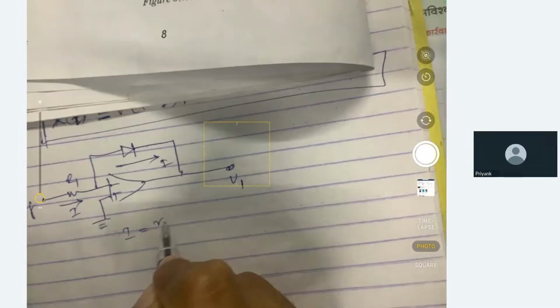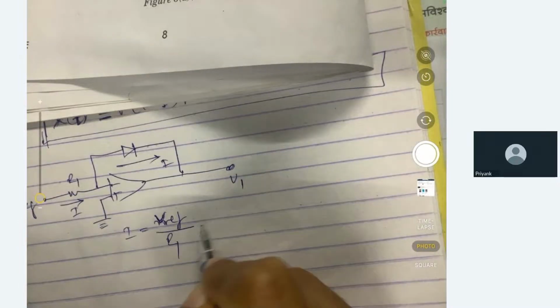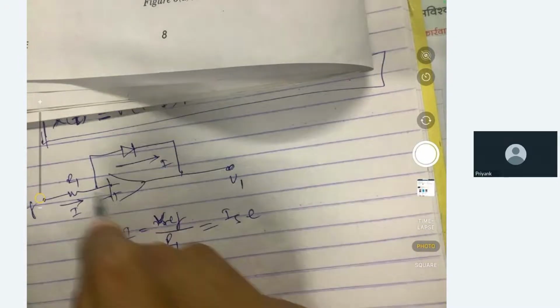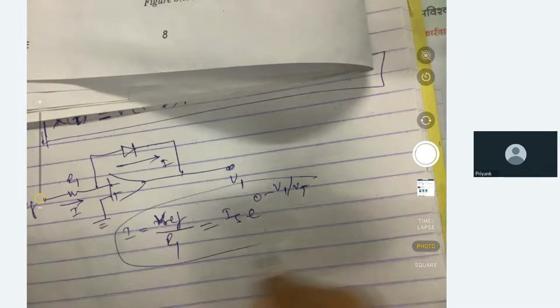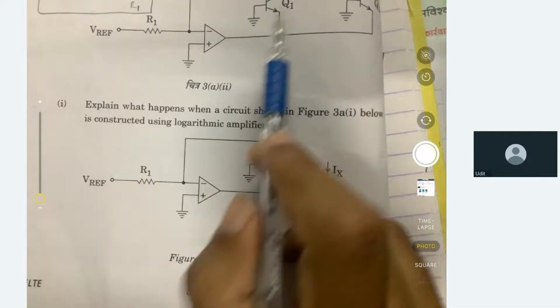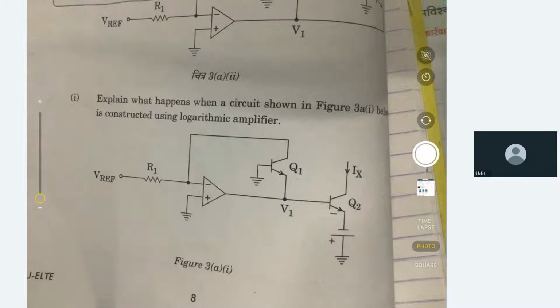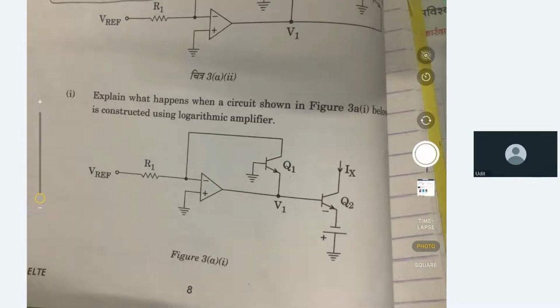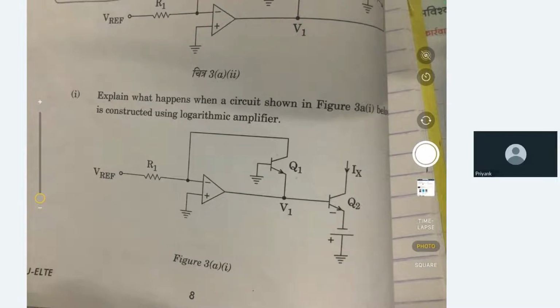So I is equal to V reference upon R1, which is equal to IF e raised to the power of minus V1 upon Vt. So this is the logarithmic amplifier, and in this circuit also you will get the same thing. Okay, so shall we move to the next part of this question?